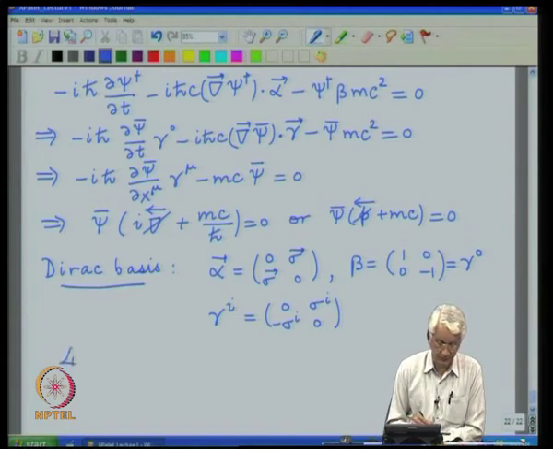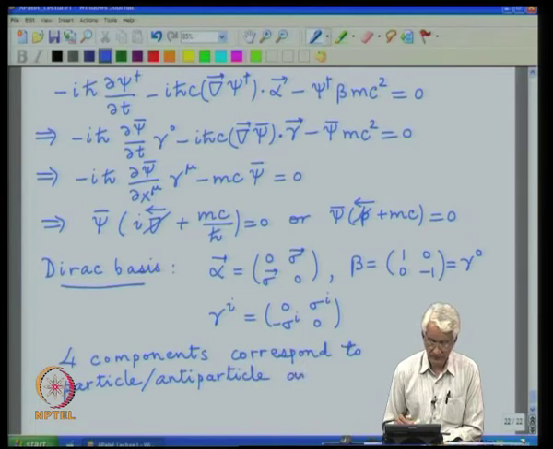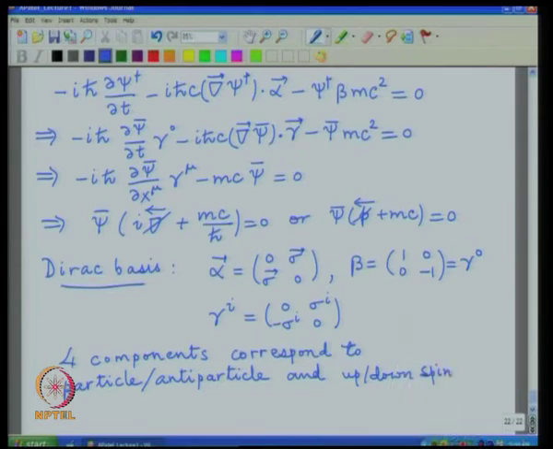So, there are 4 components which correspond to particle, antiparticle and up and down spin values.